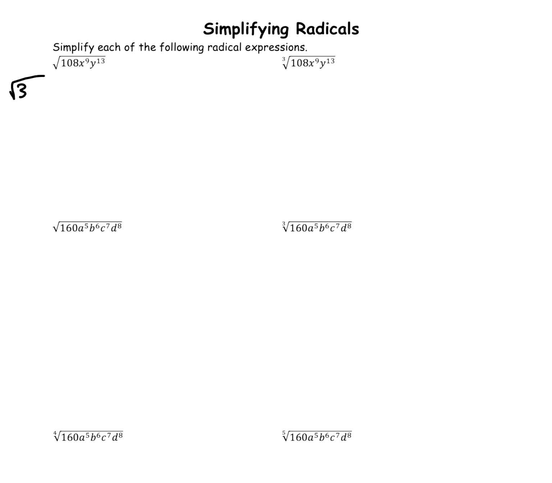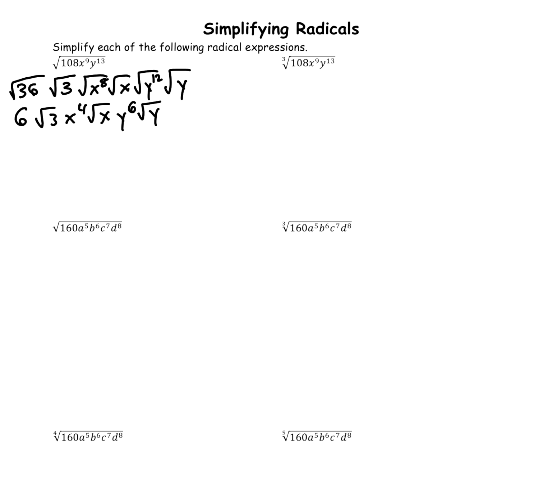So the highest perfect square that goes into 108 would be 36. So this would be radical 36 times radical 3, times radical x to the 8th times radical x, times radical y to the 12th times radical y. That would simplify to 6 rad 3, x to the 4th rad x, and y to the 6th rad y.